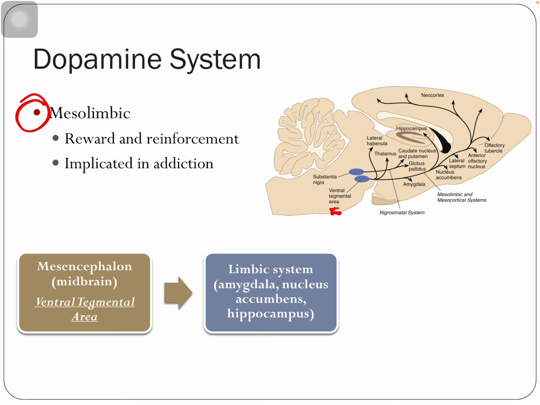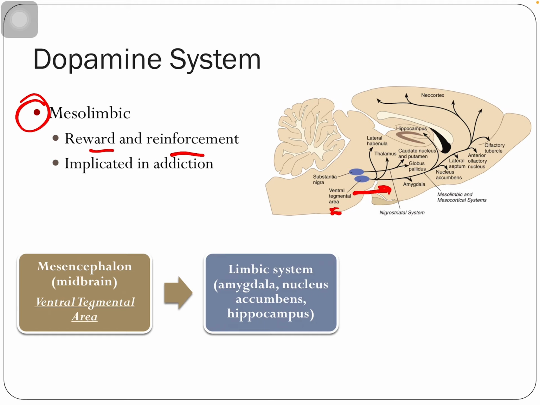We see incentive salience for the drug paraphernalia used to administer drugs, right? All of this is the same sort of pathway. So it's important for reward. It's important for reinforcement. We know that reinforcement is really important for learning. So this particular pathway is really implicated in addiction.